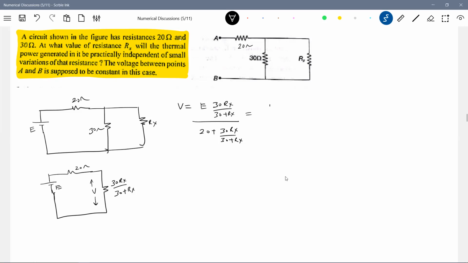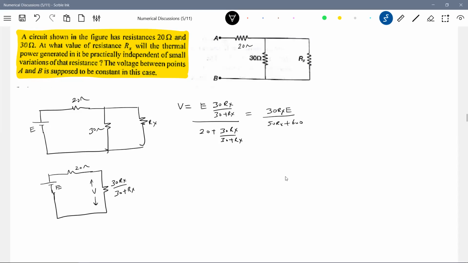On simplification, 30 Rx and E will be there. This will be 50 Rx plus 600. This much is what we have here.